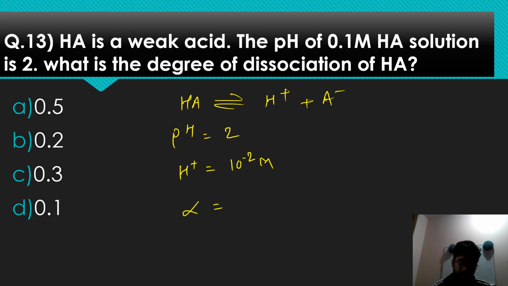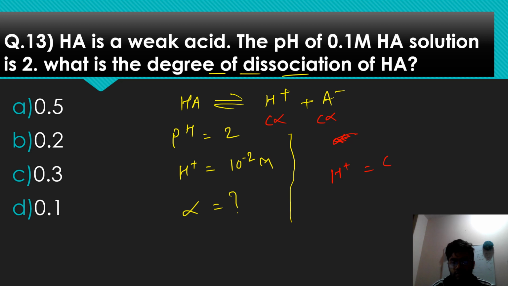We have to calculate alpha. According to Ostwald's dilution law, we can use the relation alpha equals under root Ka by C, but we don't know the Ka value here. So for degree of dissociation, H plus is C alpha and A minus is C alpha at equilibrium.